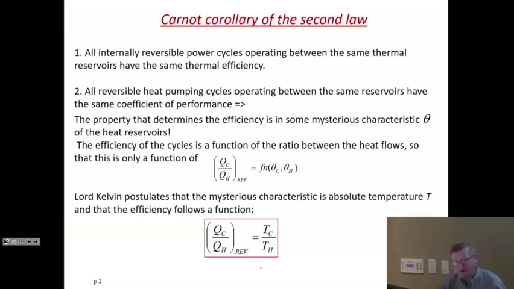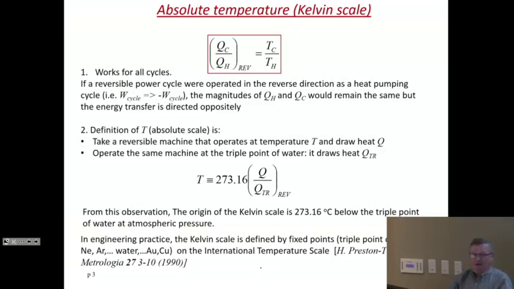Again, this is something that comes of the fact that it fitted the known experiments at his time. So we're now here with the ratio of the heat that goes into the cold side to the heat that goes into the hot side in a reversible cycle is the ratio of the temperature of the cold side over the hot side in absolute values.